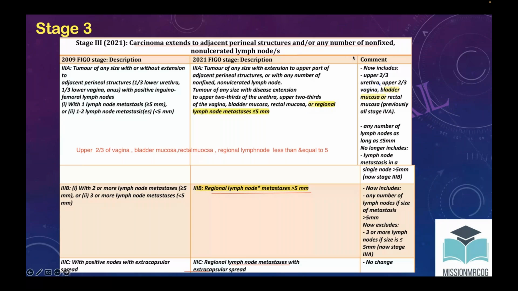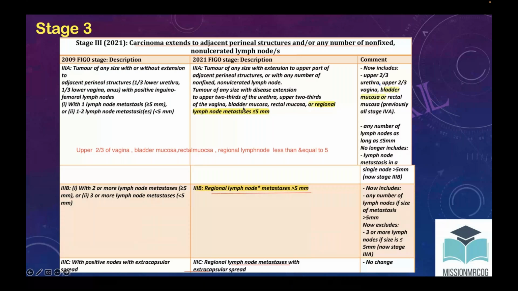So 3A, tumor of any size with extension to the upper perineal structure with any number of non-fixed, non-ulcerated lymph nodes. Or a tumor of any size involving the upper two-third of urethra, upper two-third of vagina, bladder mucosa, rectal mucosa, and regional lymph node.